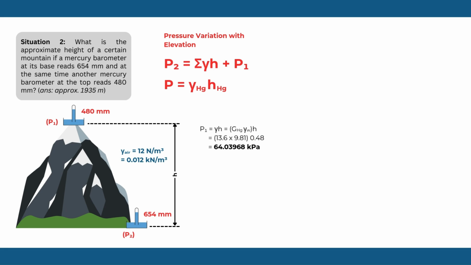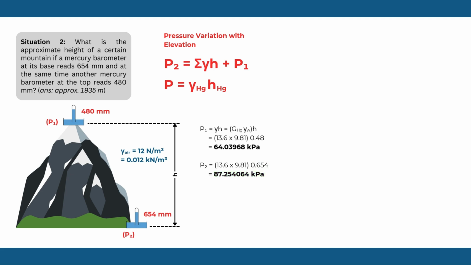Plugging in these values sa pressure formula, we will get a pressure of 64.04 kilopascals. As for the pressure at point 2, same procedure lang ang gagamitin natin. And ang maiiba lang na value is yung height ng barometer reading, which is 654 millimeters or 0.654 meters when converted. Solving for this will give us a value of 87.25 kilopascals.